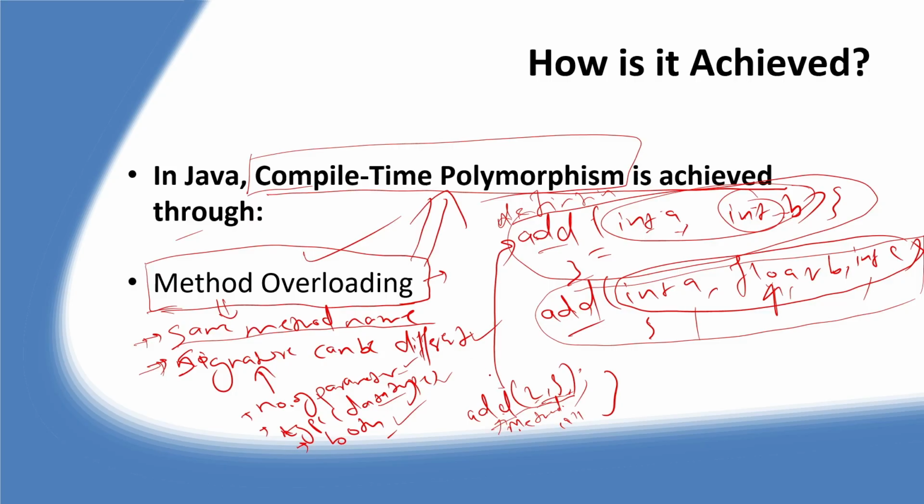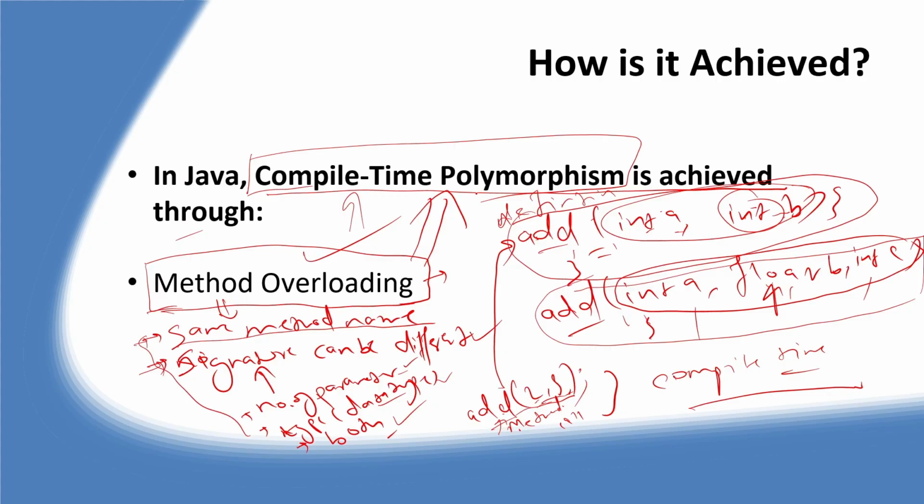So method binding is happening during compile time. That's why we are calling it compile time polymorphism.